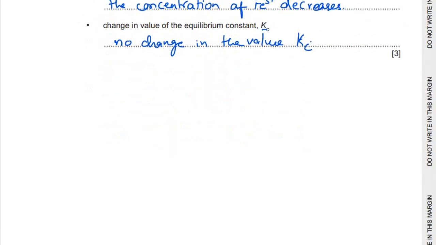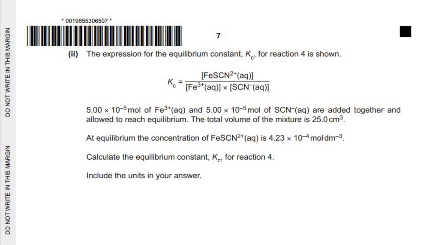Now let's go ahead with the next part. The expression for the equilibrium constant Kc for reaction 4 is given here, with the product in the numerator and the reactants in the denominator. 5 × 10^-4 mole of Fe3+ and 5 × 10^-5 mole of SCN- are added together and allowed to reach equilibrium.